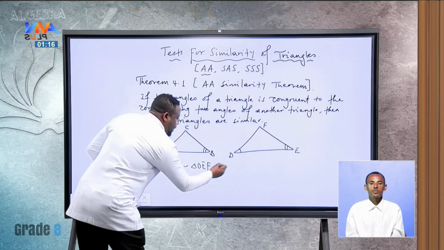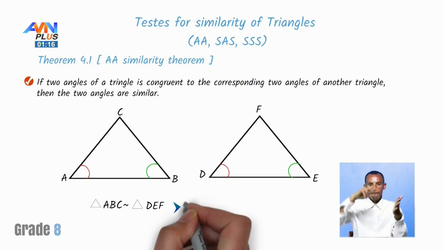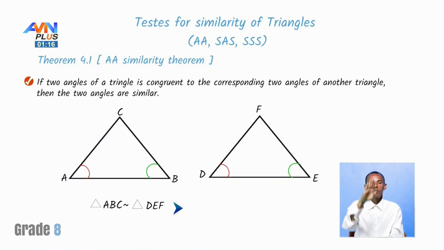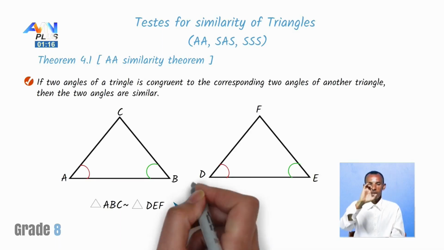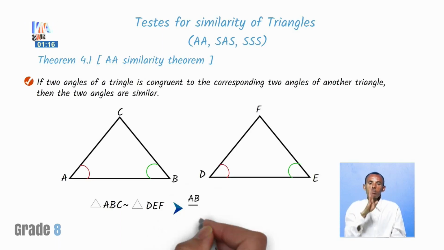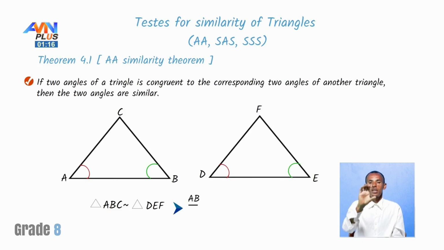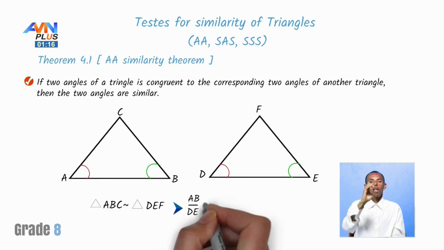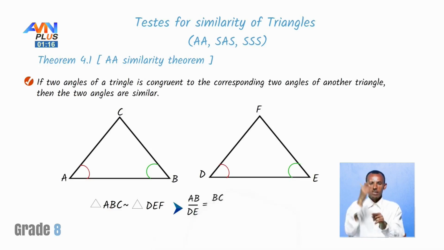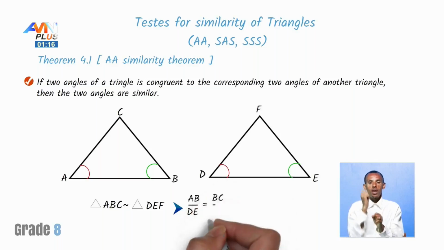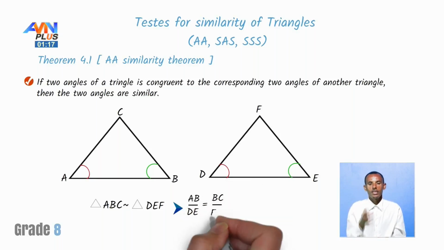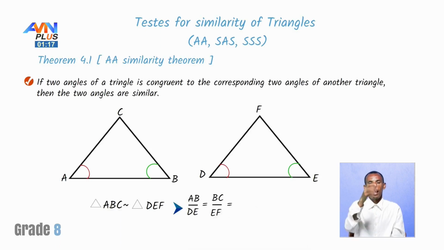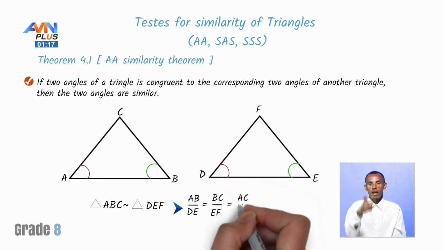So this implies AB over DE must be the same as BC over EF. It's exactly the way we did before. And the last ratio is AC over DF.